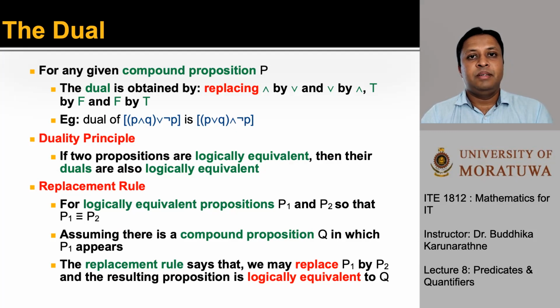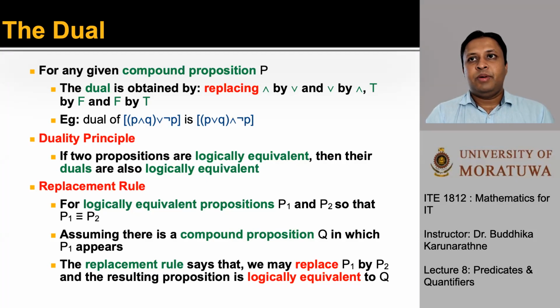So for example, the dual of P conjunction Q, disjunction negation P, is P disjunction Q, conjunction negation of P.